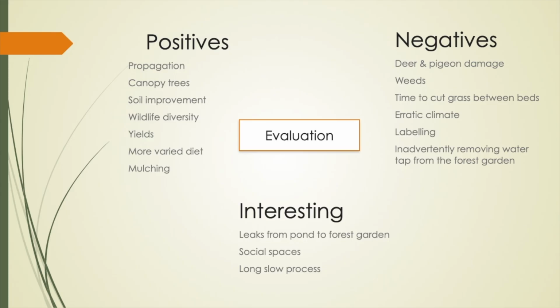We're now into June with still very, very little rain, and so we're really having to learn how to manage that. And the other negative here is when we started the forest garden, there was a water tap up there because that whole area was just pasture for sheep, and there was water that went up to some water troughs to feed animals.